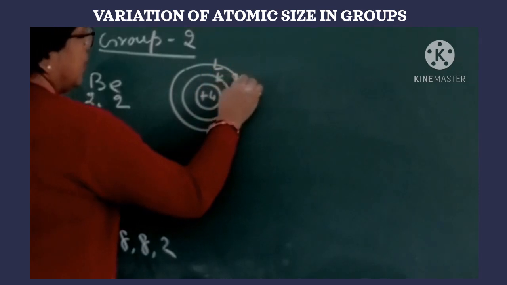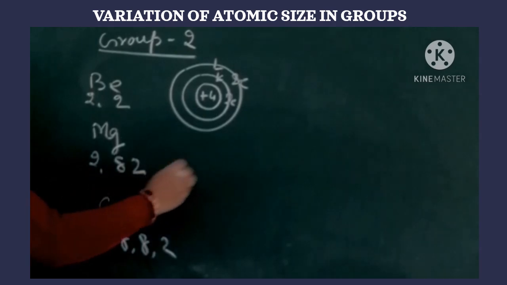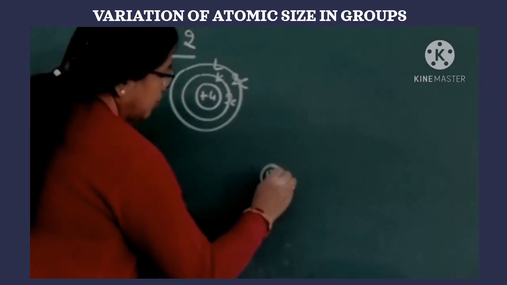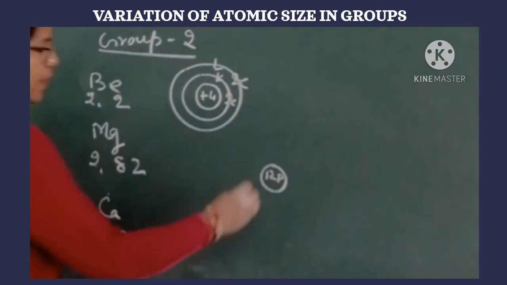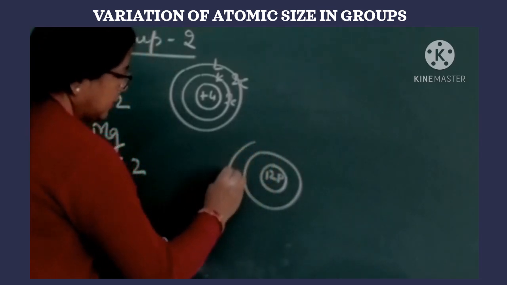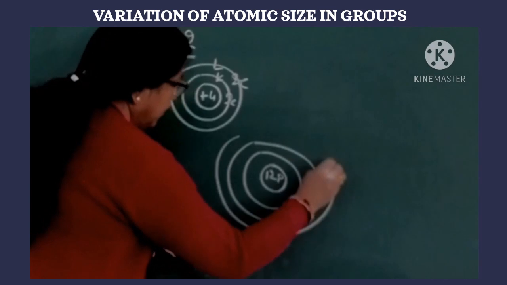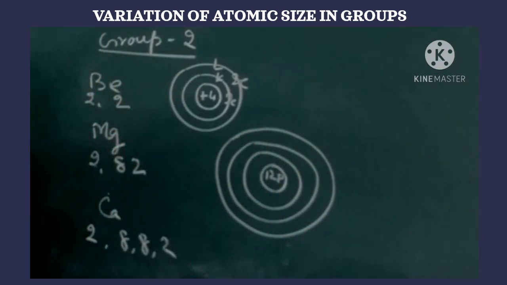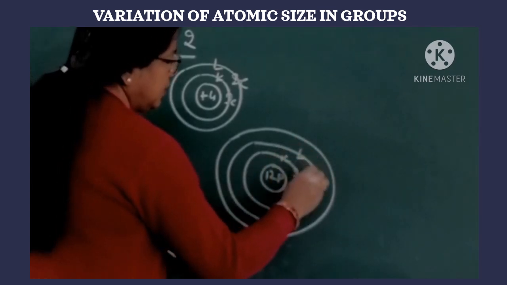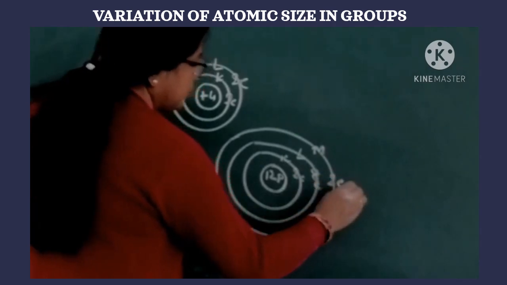K shell, L shell, both 2 electrons. Come to magnesium. Magnesium has 12 protons in the nucleus. It has K shell, L shell and M shell. Magnesium has 3 shells: K shell 2 electrons, L shell 8 electrons and M shell 2 electrons.